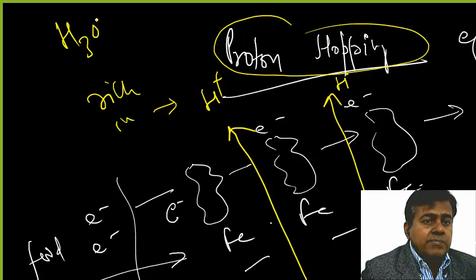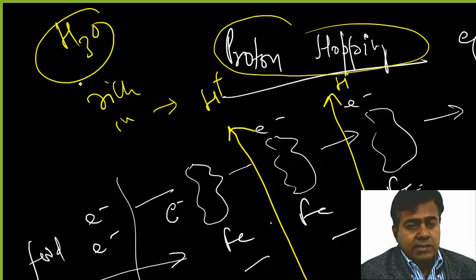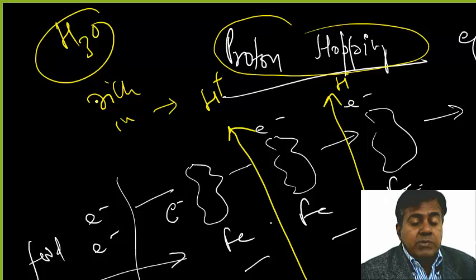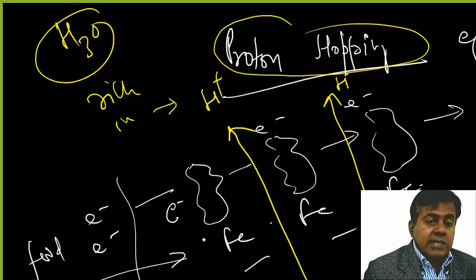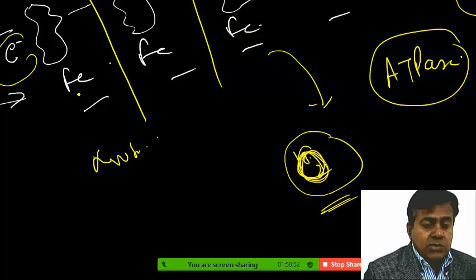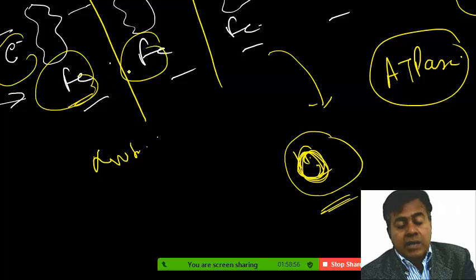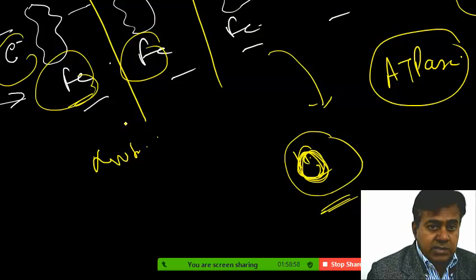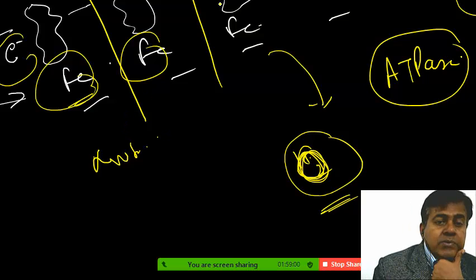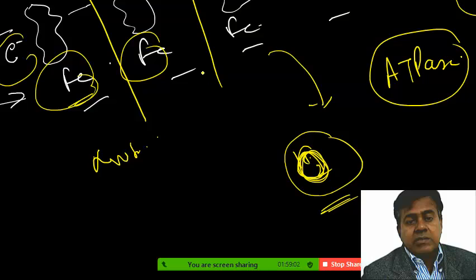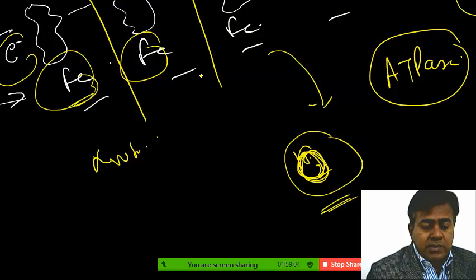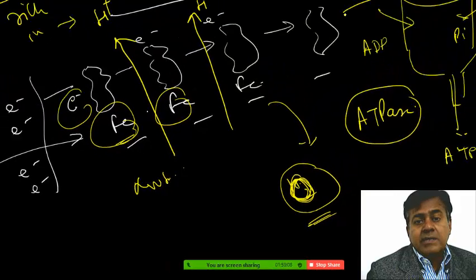And the beautiful part is that electrons can be captured by this iron, because of this property of iron and this property of water, there is a beautiful pumping of protons against the concentration gradient, and as a result there is a large synthesis of ATP.